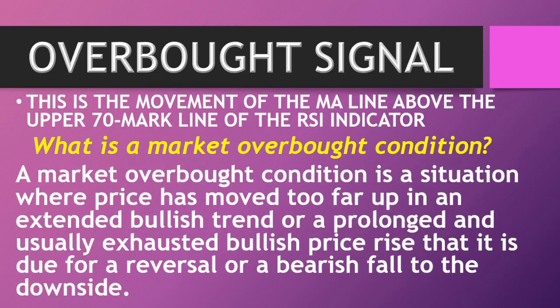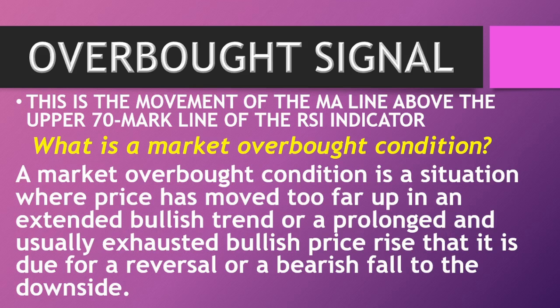A market overbought condition is a situation where price has moved too far up in an extended bullish trend or a prolonged and usually exhausted bullish price rise that is due for a reversal or a bearish fall to the downside.